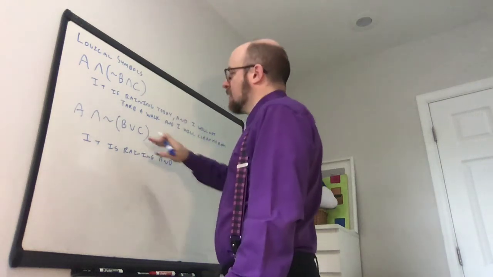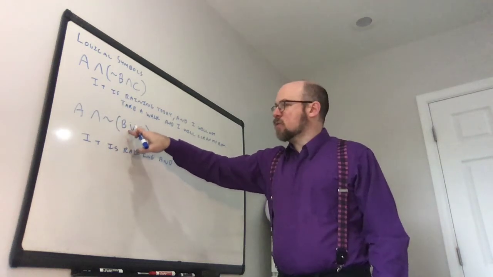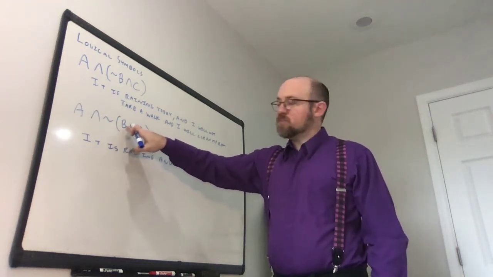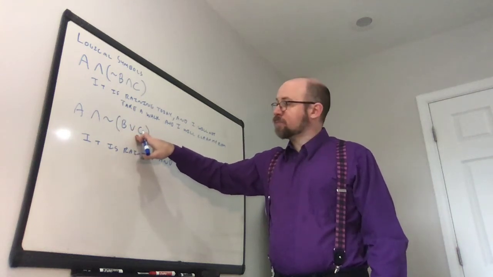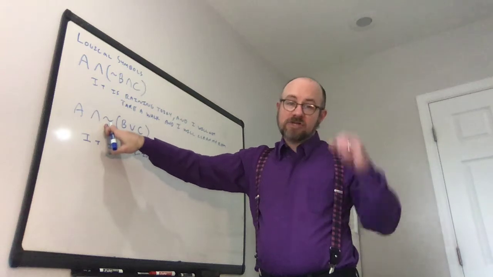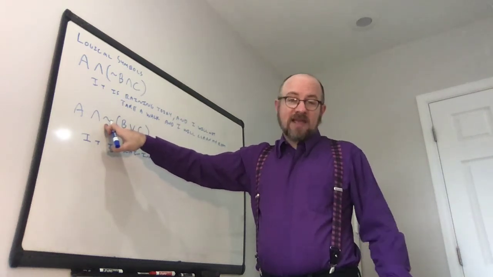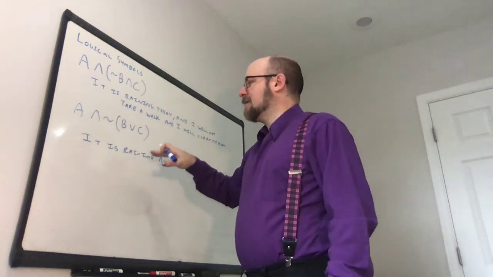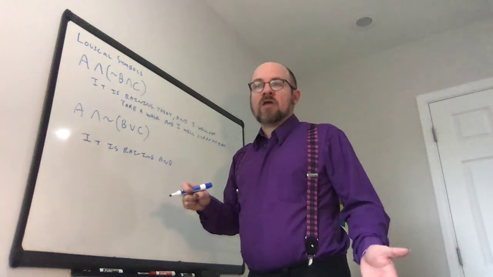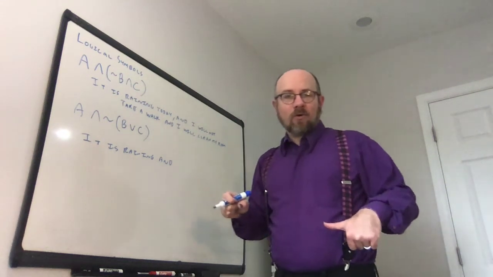And now we've got a not outside of the parentheses. So we want to take B or C. So B or C would be I will take a walk today or I will clean my room. And we want to apply not to both of them. Okay, and so again, we could write this out and say, it is raining and I not will take a walk today or clean my room.